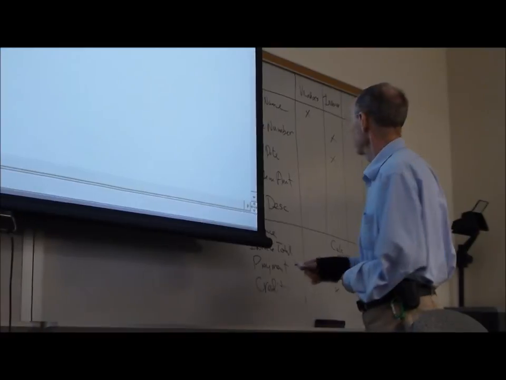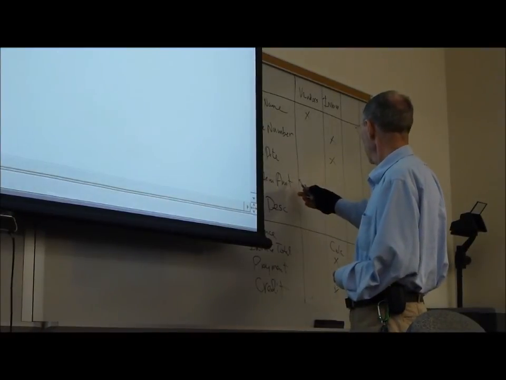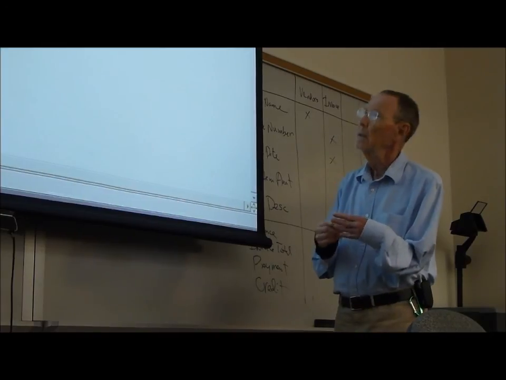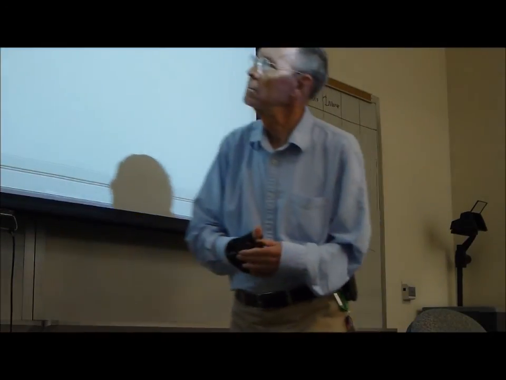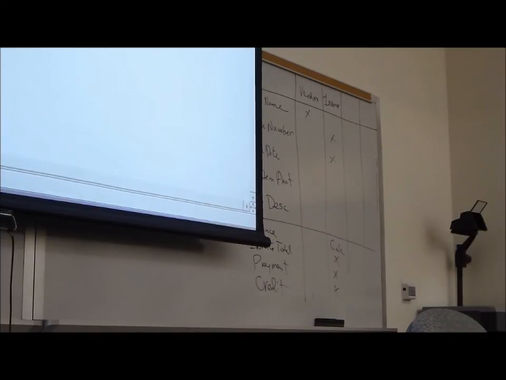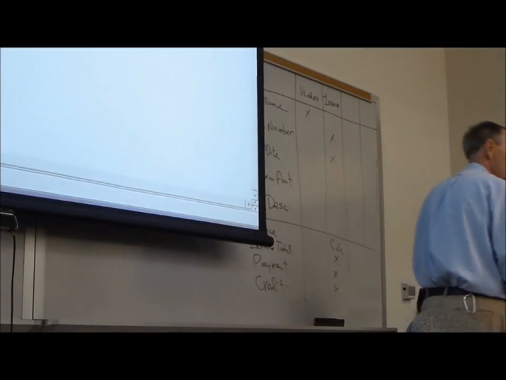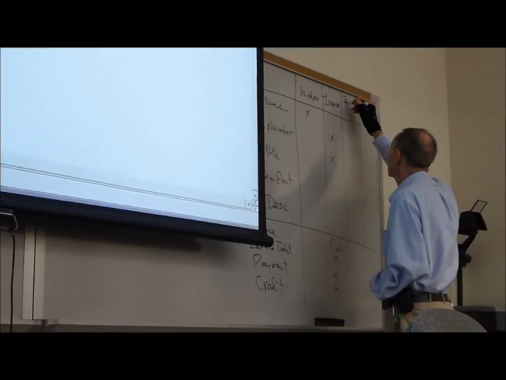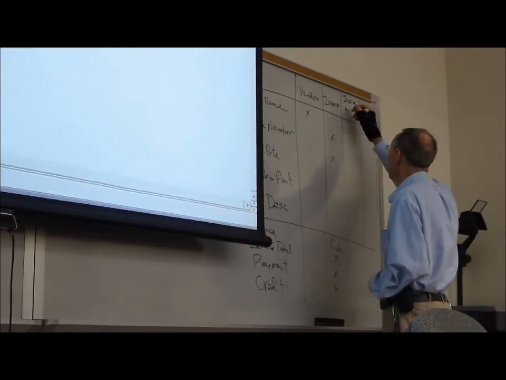What else are we asking for? Line item amount. There's something in here. Okay, invoice line items. So I'm going to need that table. Invoice line item.